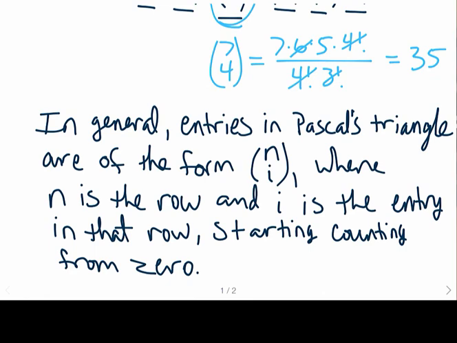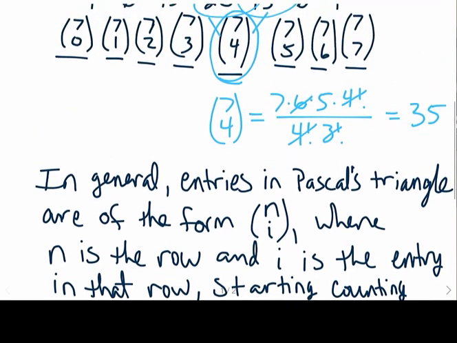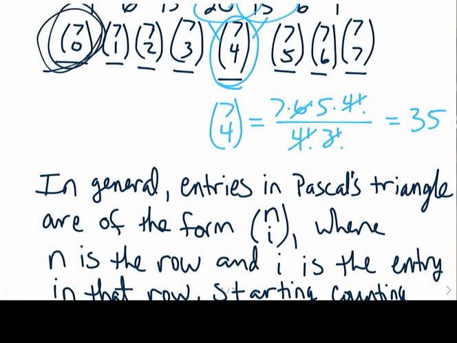And then, the fact that we have like 7 choose 0, which according to the formula of a combination would be 7 factorial divided by 7 factorial times 0 factorial. This 0 factorial in the denominator is maybe one of the reasons that the definition of 0 factorial is equal to 1. It's just so we don't end up dividing by 0 and that this kind of numbering will work.